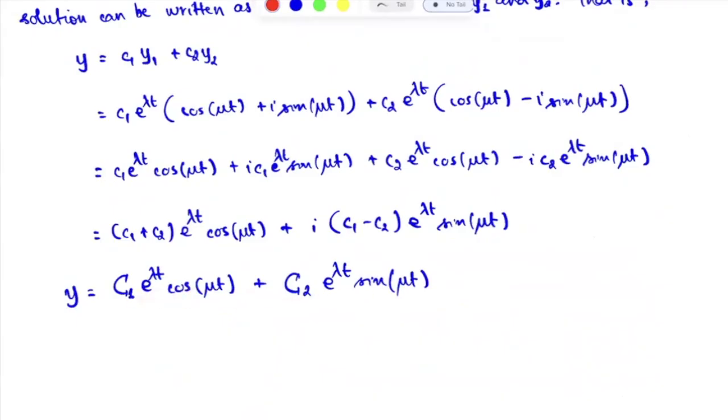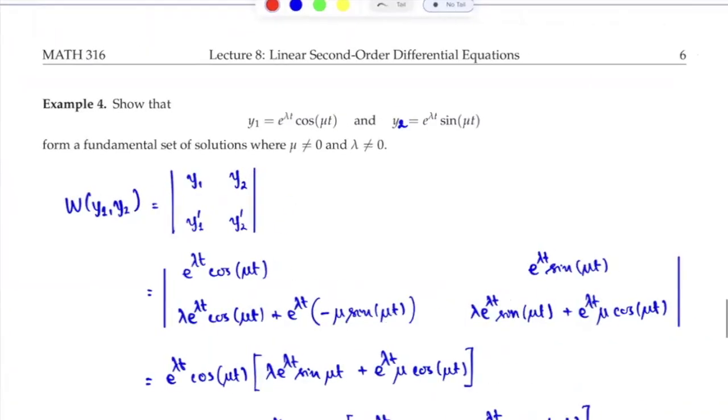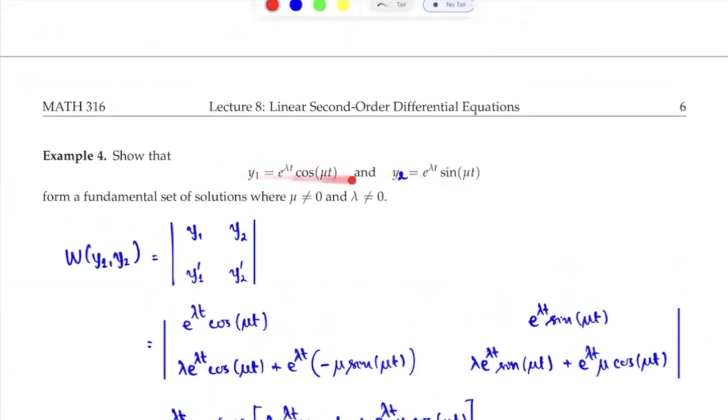Okay. And I'm not going to redo the fundamental set of solutions, or linearly independent solutions, for the case of complex roots, because we have already done that in lecture 8. So let me go back to lecture 8 and show you that. Right. So in example 4, which is the last example in the lecture, you have two solutions, y1 and y2, and as you see, they are from the complex roots of the method of characteristic equations.